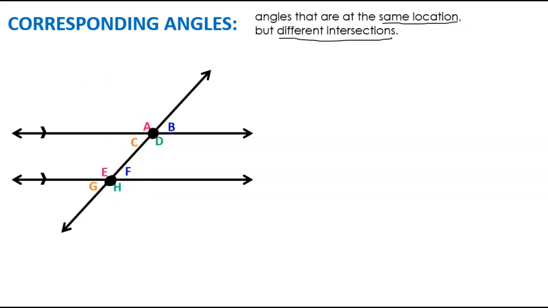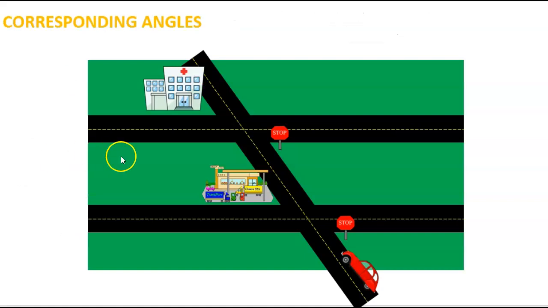I'm going to go ahead and highlight our transversal line. That is this one. This is our transversal. So these corresponding angles are in the same location, but at different intersections. Let me show you this picture here. Let's pretend we're driving down the road. Here is our transversal line, right here. I know that's hard to tell with that black, but right here, that's our transversal.